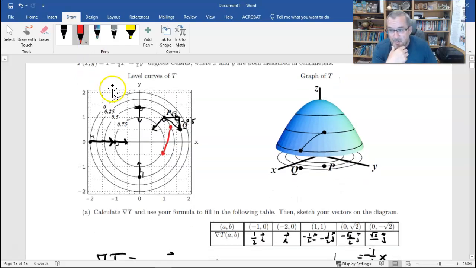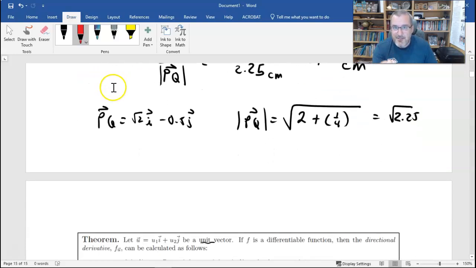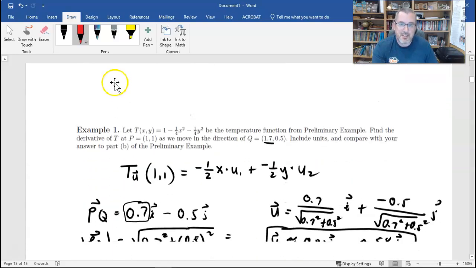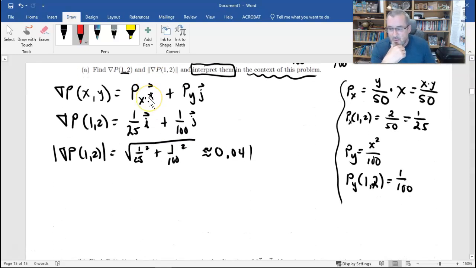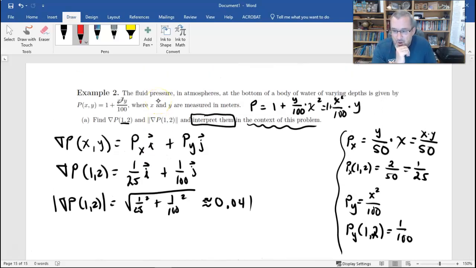And so, one of the features or purposes of a gradient vector, and why we would want to consider it, is that it gives you the direction of the greatest rate of change. So here's what we might say. If you're at the point 1, 2, remember we're at the bottom of a body of water, you're like a critter scampering along the bottom of the ocean, and we put a coordinate grid over some region, and we go to the point 1, 2.